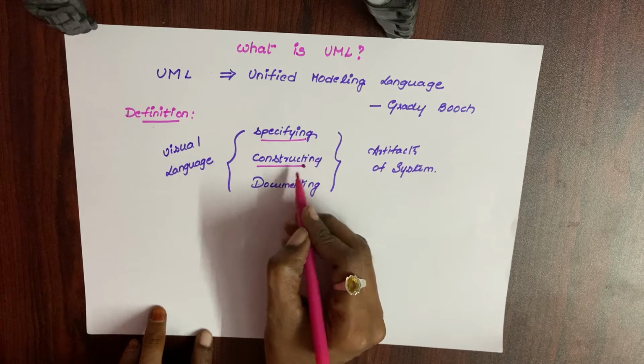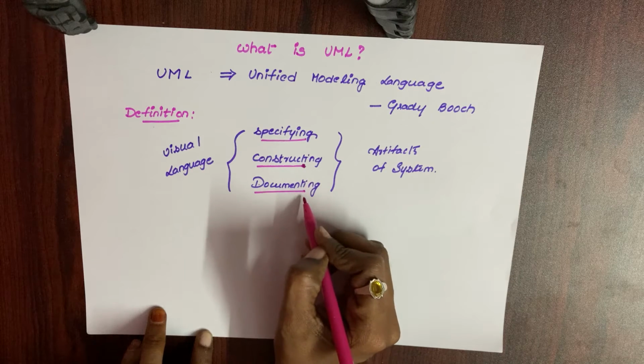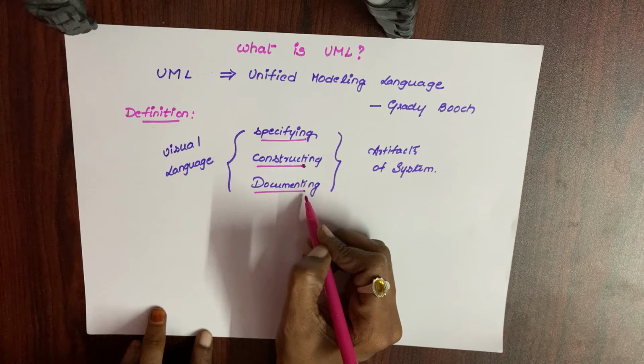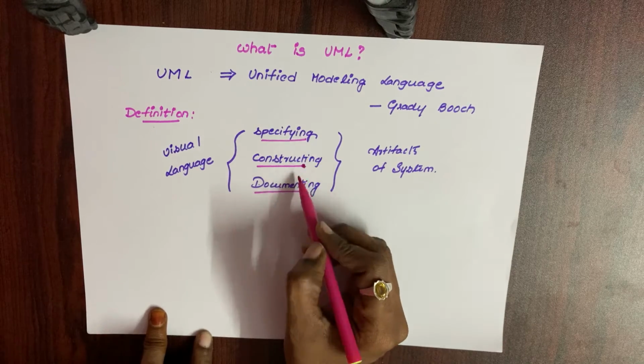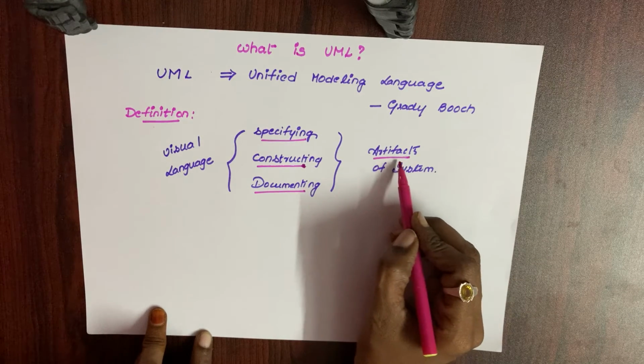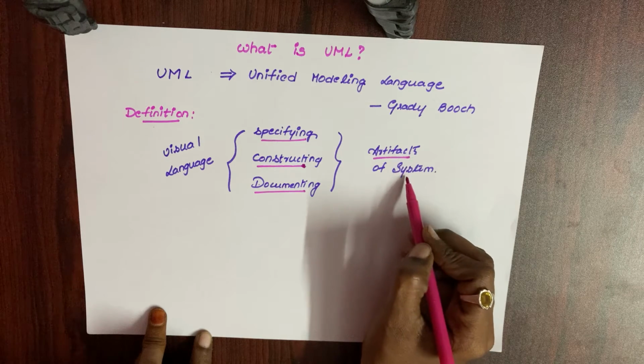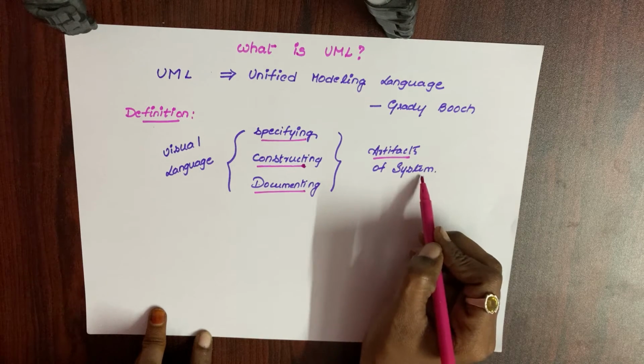After construction, we need a document, meaning where we have taken the requirements and how we are going to use those requirements in our model. So all these come under the artifacts of the system. Artifacts are nothing but the main things needed to develop the software or the system.